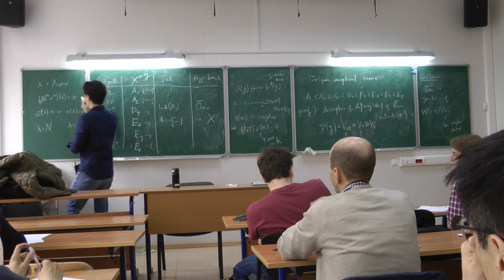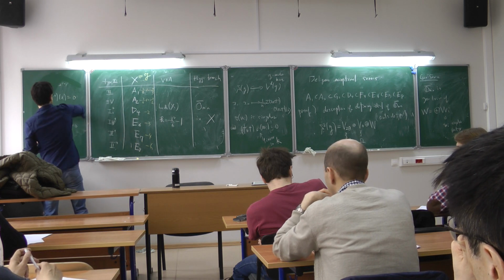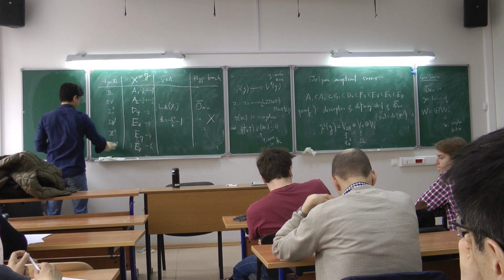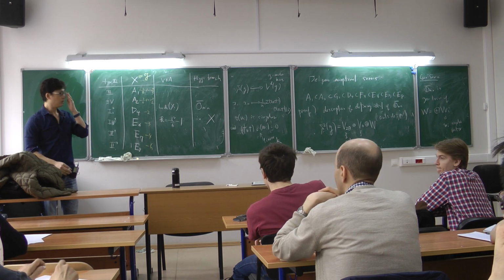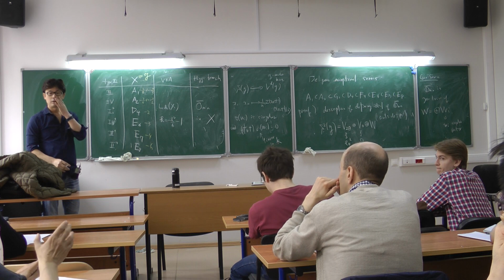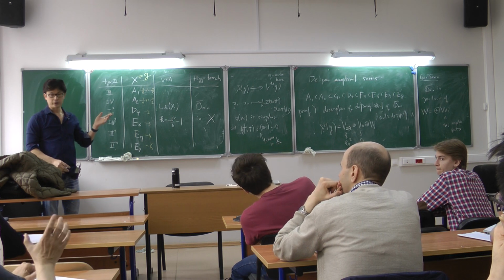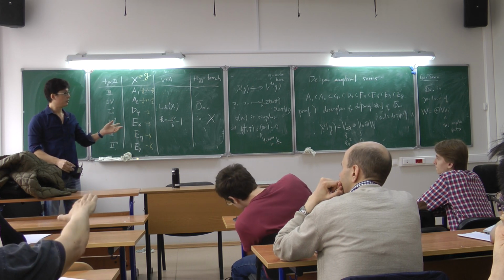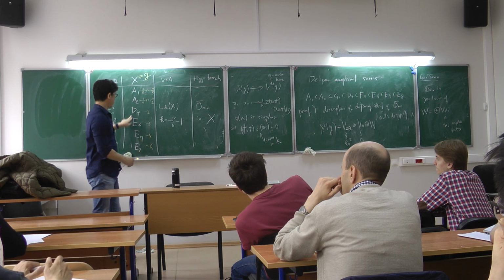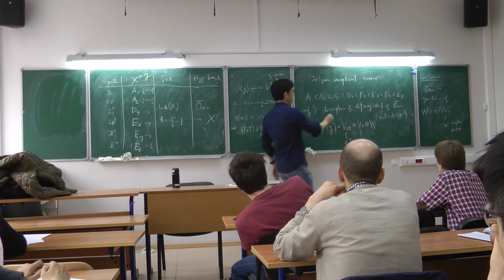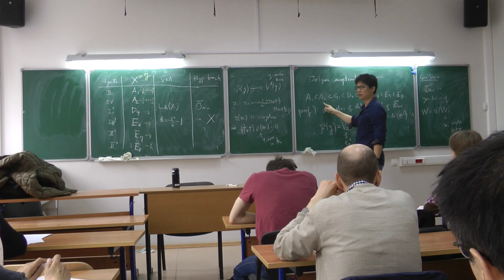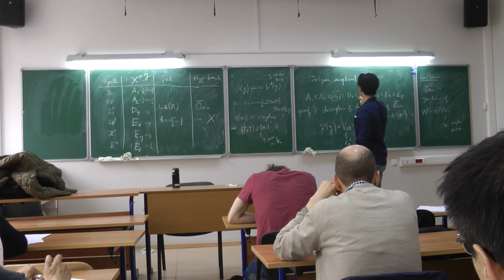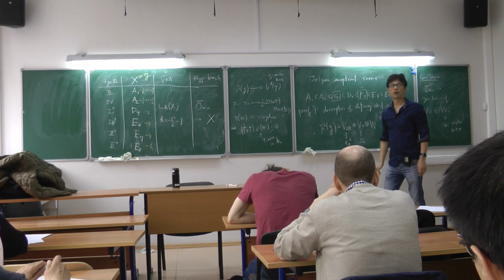Now, physicists. I don't understand much, but the minimal orbit can appear as a Higgs branch. For these cases it appears, but for this one I'm not sure.